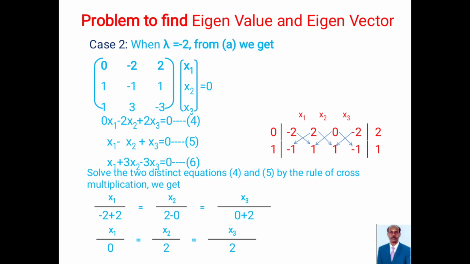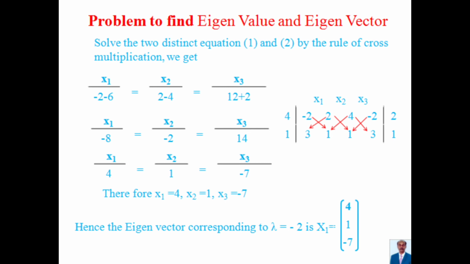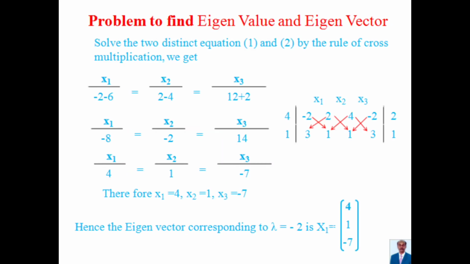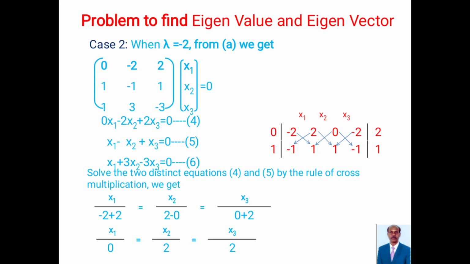Similarly we can find the second eigenvector by using lambda equal to 2. Here we put for 2 minus lambda; we consider 2, not minus 2.